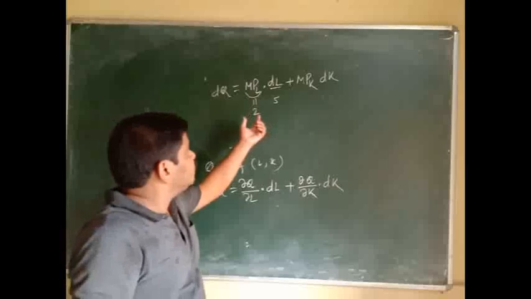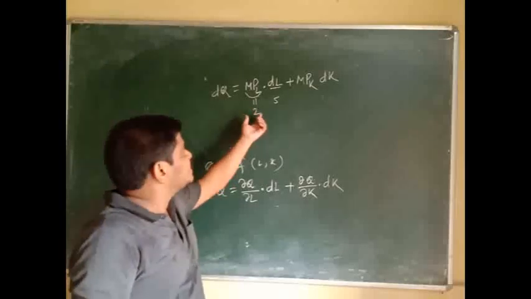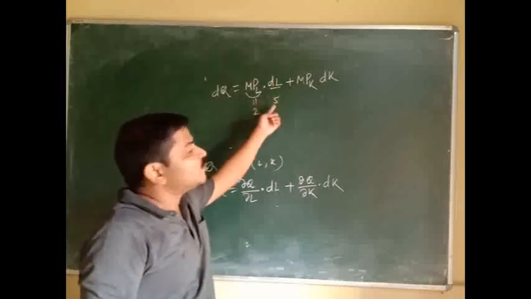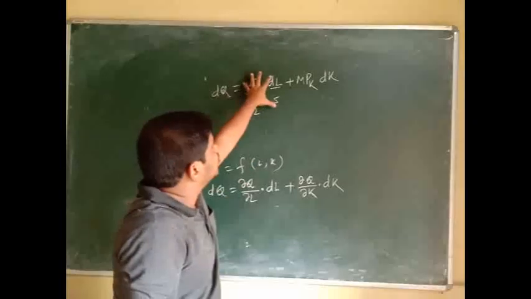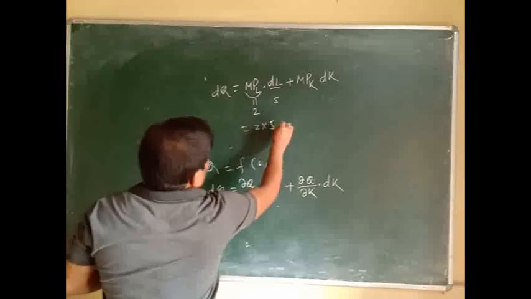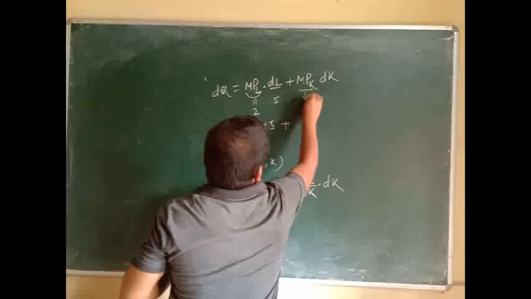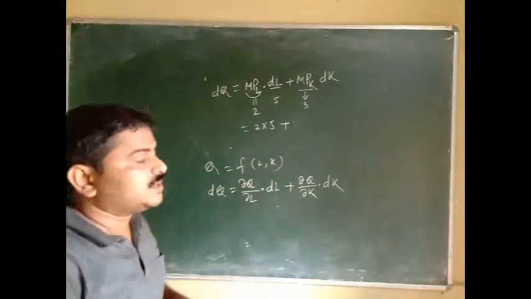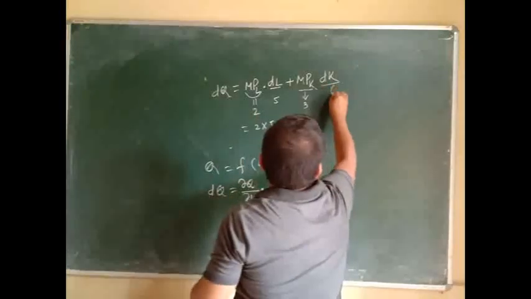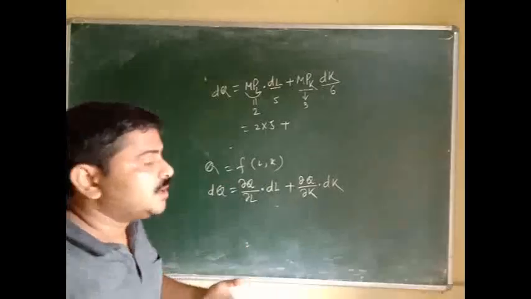Suppose you have added 5 more laborers. So if one labor has a marginal productivity equal to 2, and you are changing the total amount of labor by 5, then the productivity from labor will be 2 into 5. Plus the marginal productivity of capital, suppose that is 3, and you have added, suppose, 6 new capital, that is your total change in your capital stock.